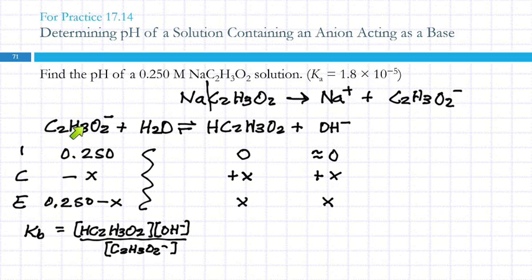So here I have this acting as a base. I'm going to write the equilibrium constant expression for that, and it's these guys. If I know what Kb is, I can plug this stuff in and find out what x is. But they didn't give me Kb. They're almost never going to do it. You have to calculate it from the Ka. So Kw equals Ka times Kb.